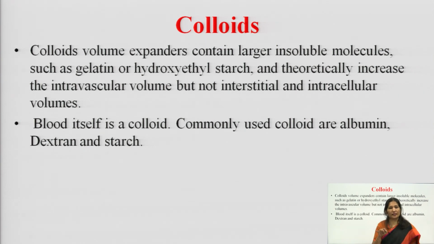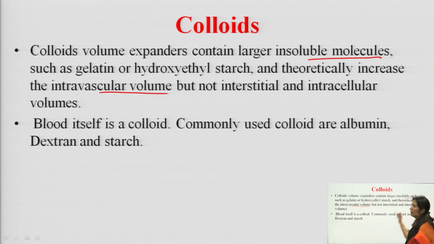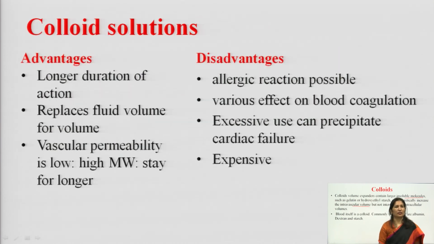So, they are retained inside the blood vessel and have a longer duration of action, thus they increase the intravascular blood volume. They do not leak out. Blood itself is a colloid. Commonly used colloids are albumin, dextran and starch.